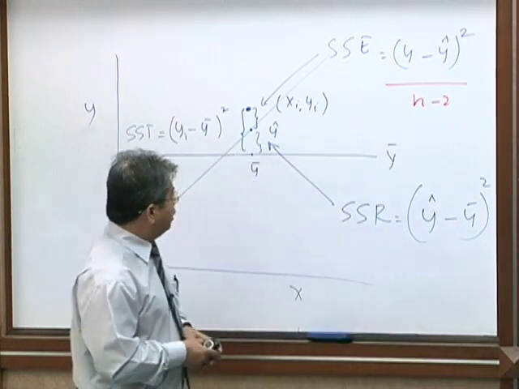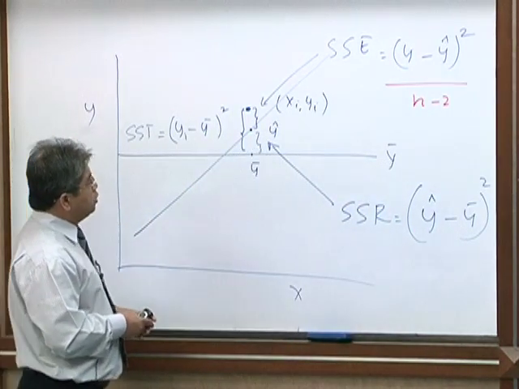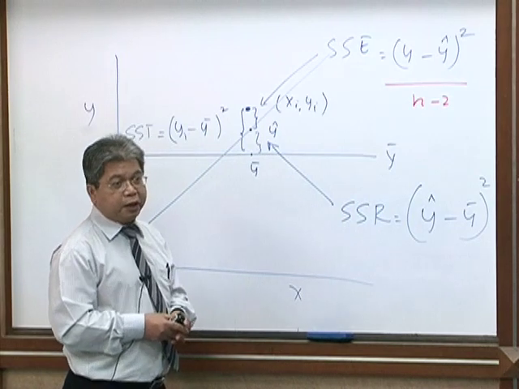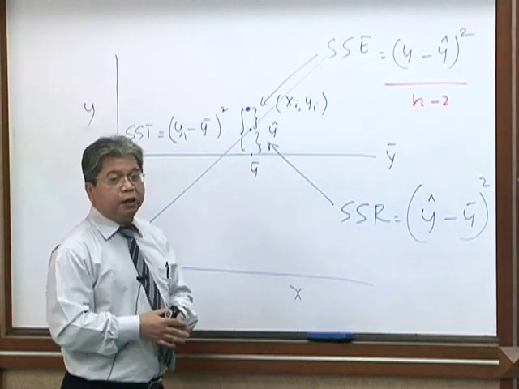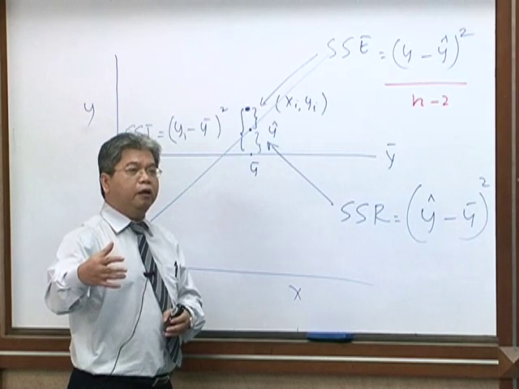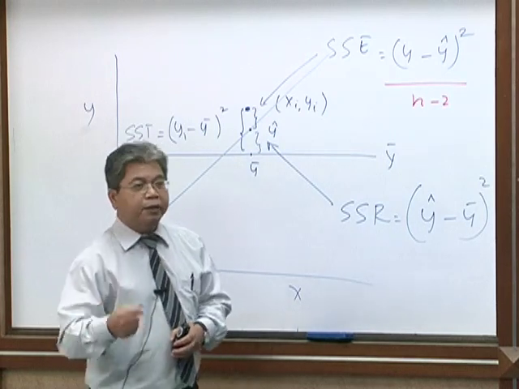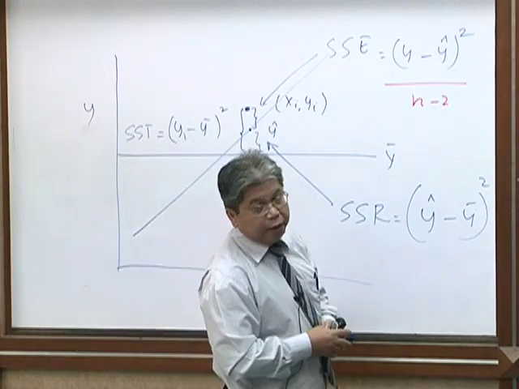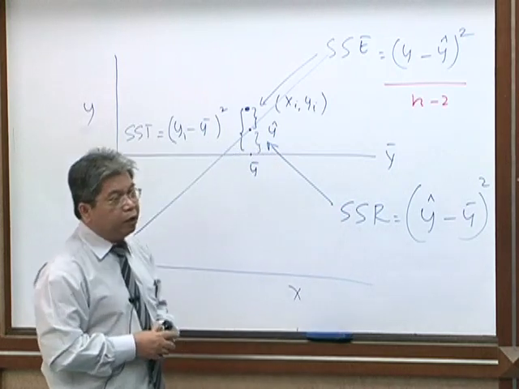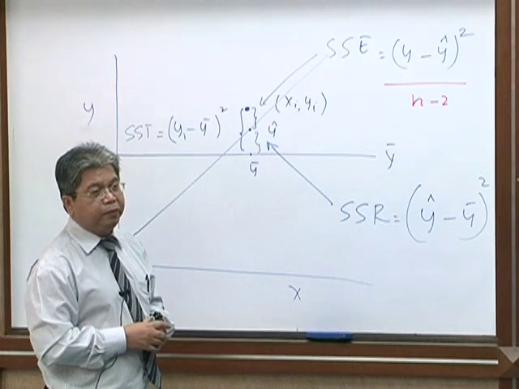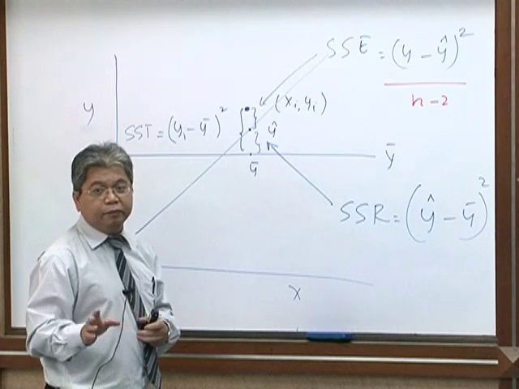And that is why, as I mentioned just now, statisticians prefer to use R square to describe how good the line is, because it measures how much variation in y is explained by the line. Any question?